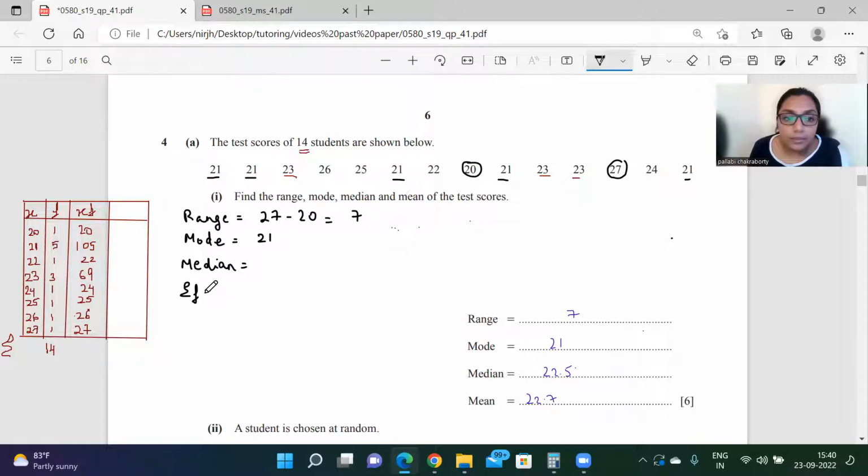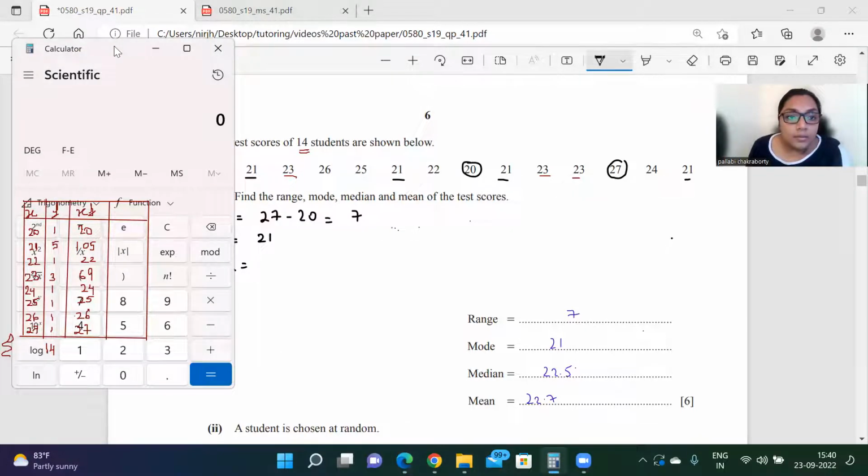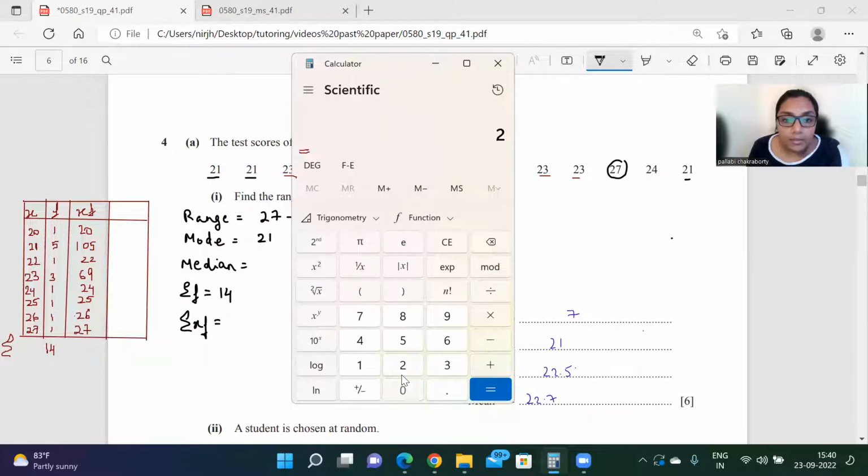So summation of frequency is 14 and we have to do the summation of this XF term as well. Let's see what that comes up to be. So we add the terms 20 plus 105 plus 22 plus 69 plus 24 plus 25, 26, and 27.